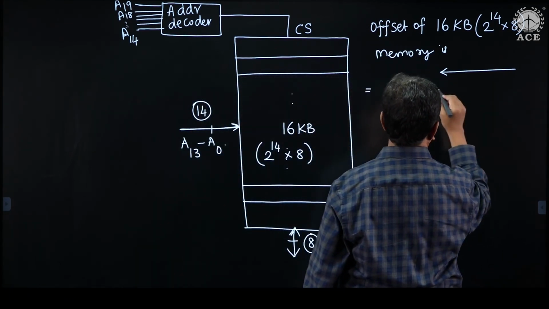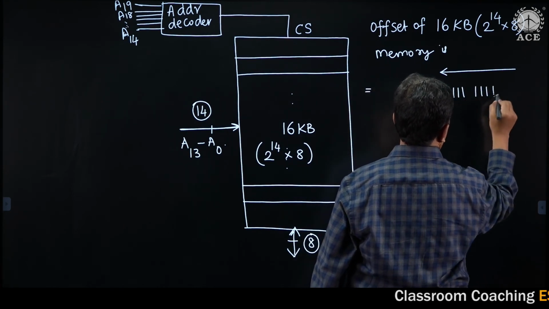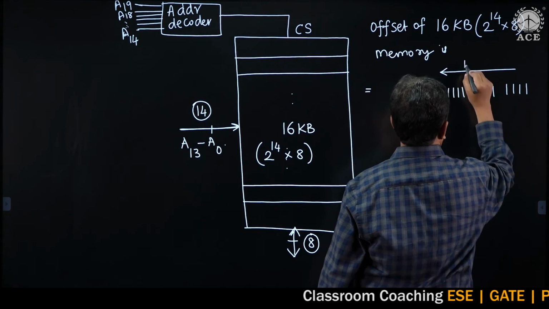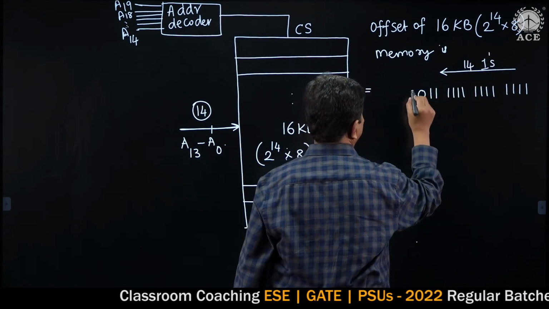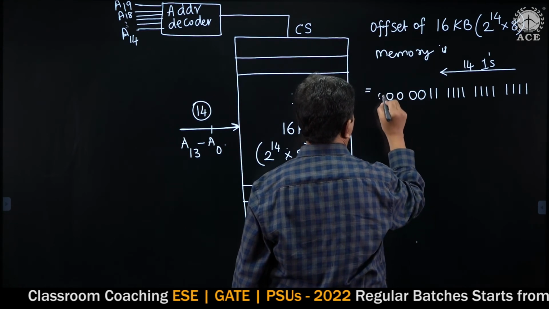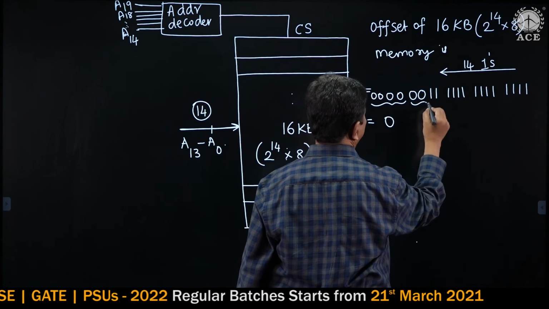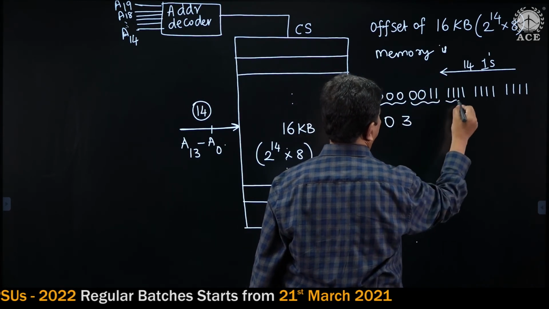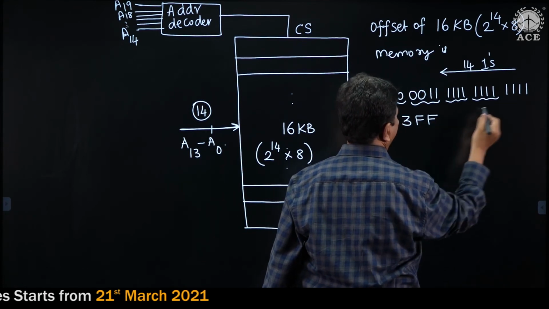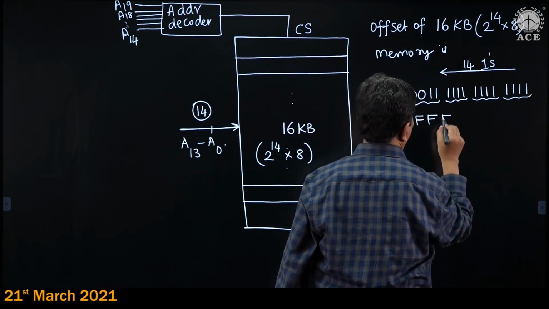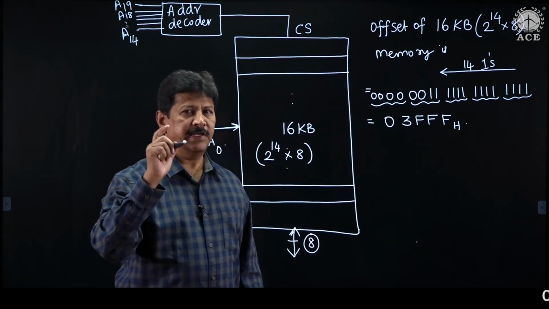Converting into hexadecimal, this is 0, 3, F, F, F H. So, this is the offset of your 16 kilobyte memory.